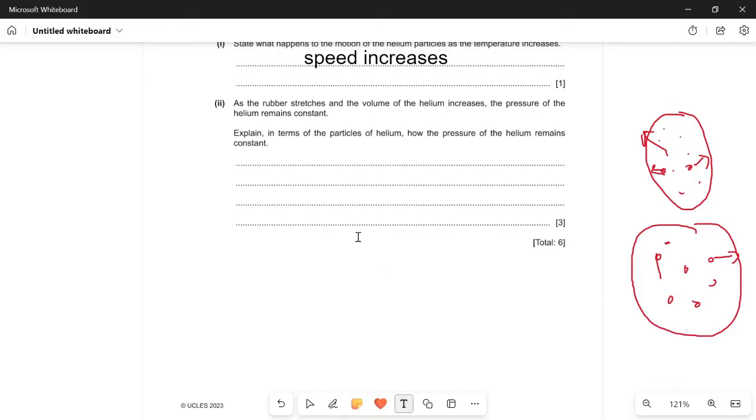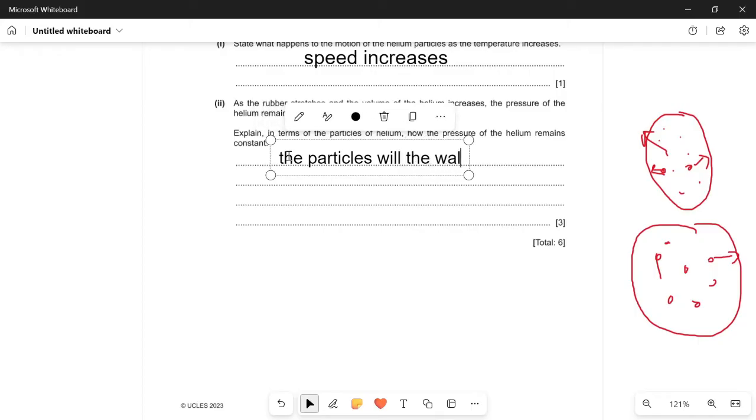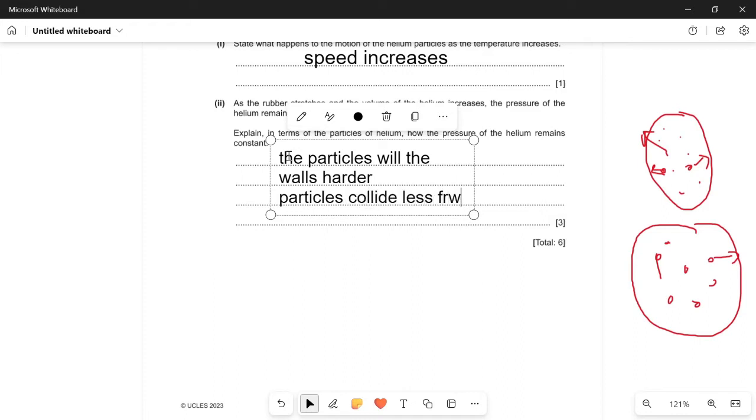So we can write it as this. The first point could be the particles will hit the walls harder. And then the next explanation could be the particles collide less frequently, because there is larger volume.